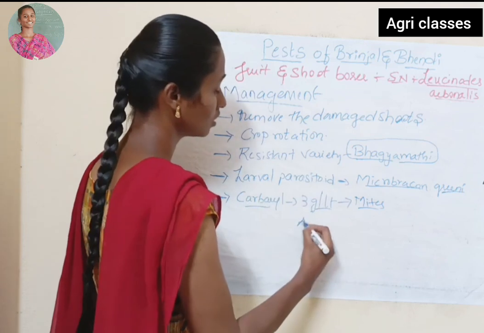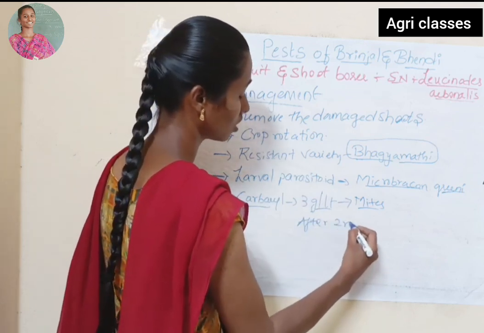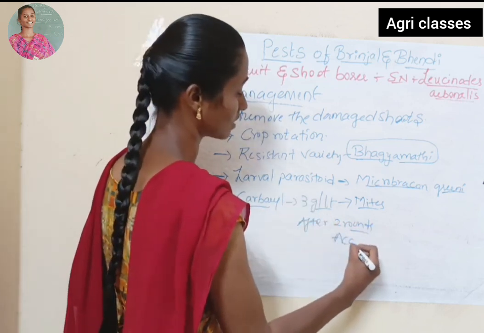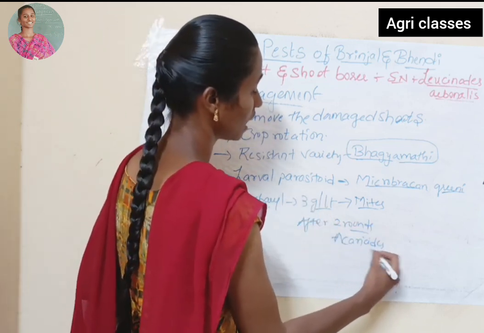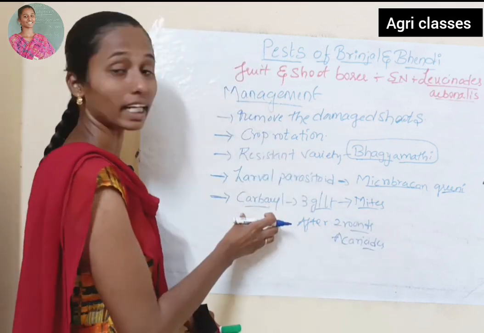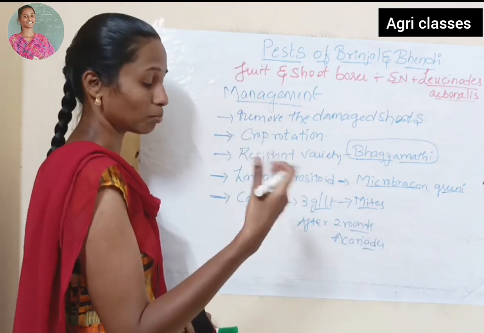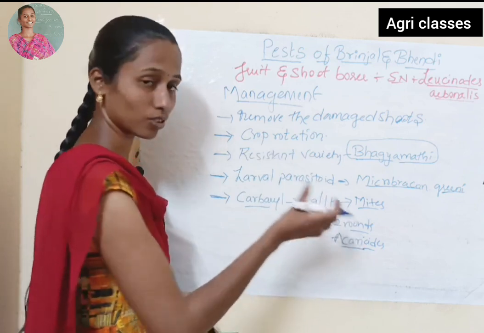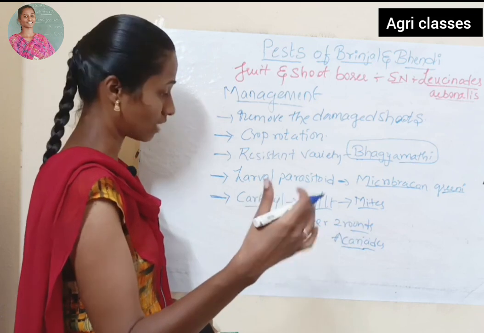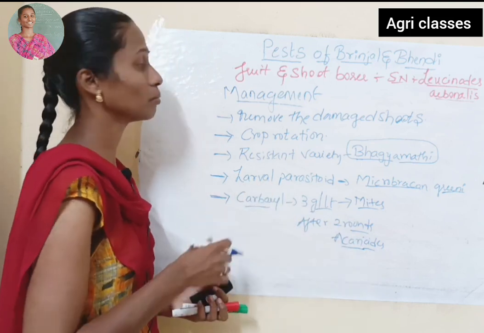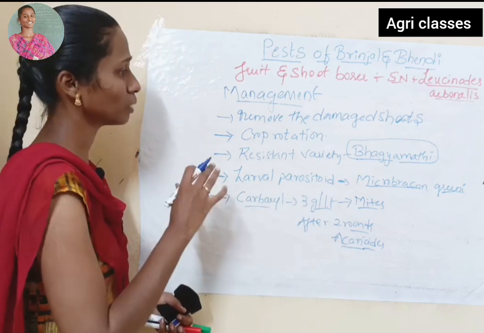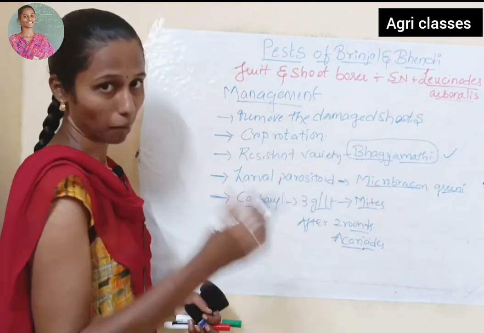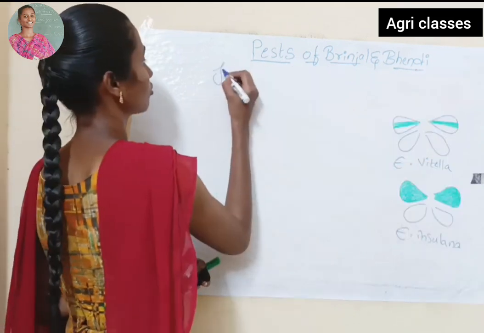So after 2 rounds of application of carbaryl, we can spray acaricides, because after spraying carbaryl, the population of mites increases. So we should spray acaricides after 2 rounds of carbaryl. Then the 3rd round will be sprayed after the acaricides. These are the main important management methods. The main important point is that the variety resistant to the brinjal fruit and shoot borer is Bhagyamati.